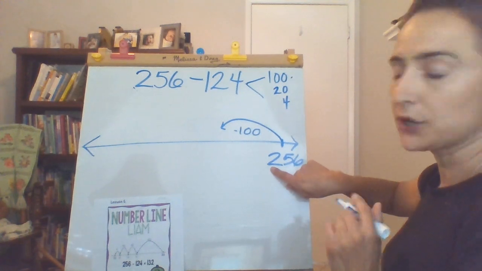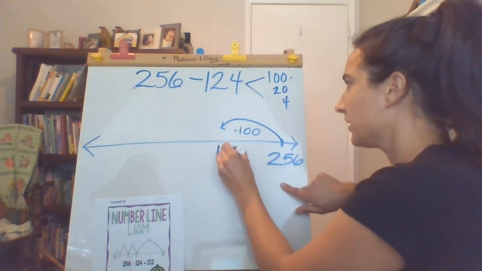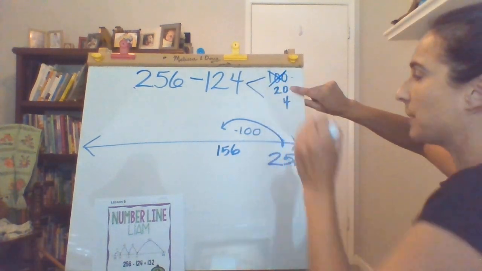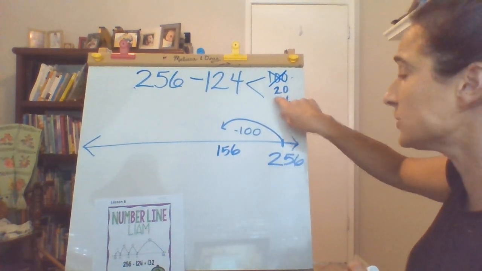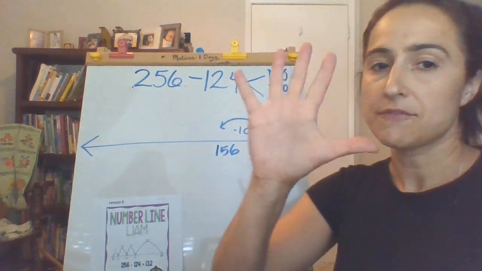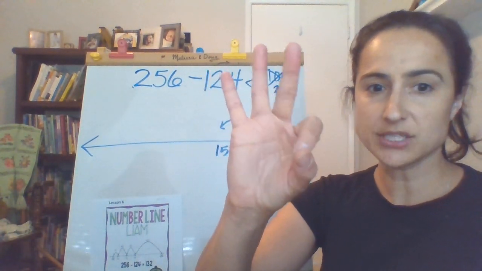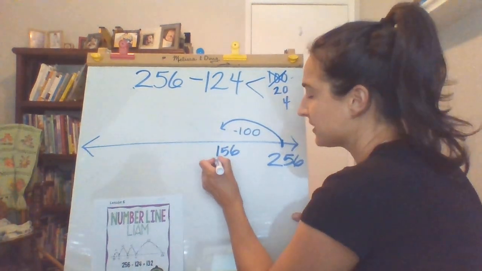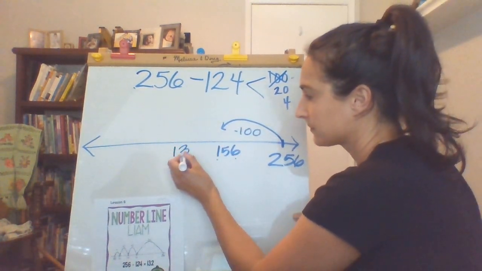I'm going to take 100 away, which means I'll be left at 156. That part's done. I'm going to take away 20. So I'm going to take away 2 tens from my 5 tens. 5 tens, take away 2 tens. I'm left with 3 tens. Everything else stays the same.